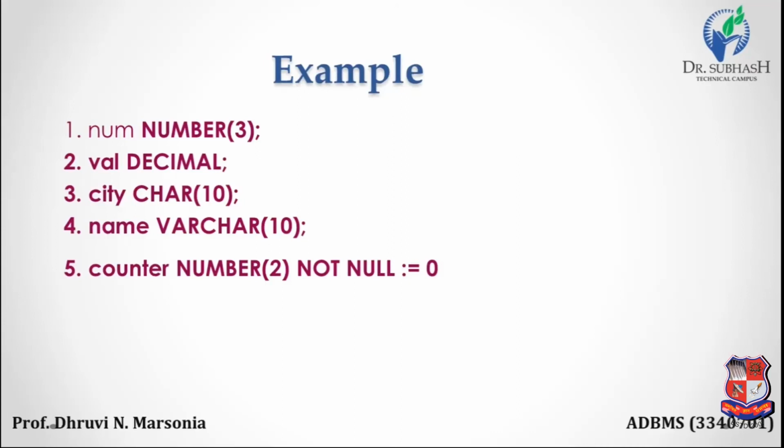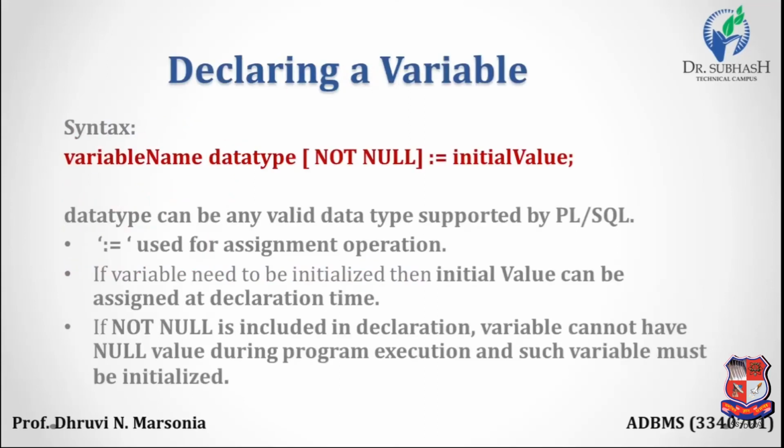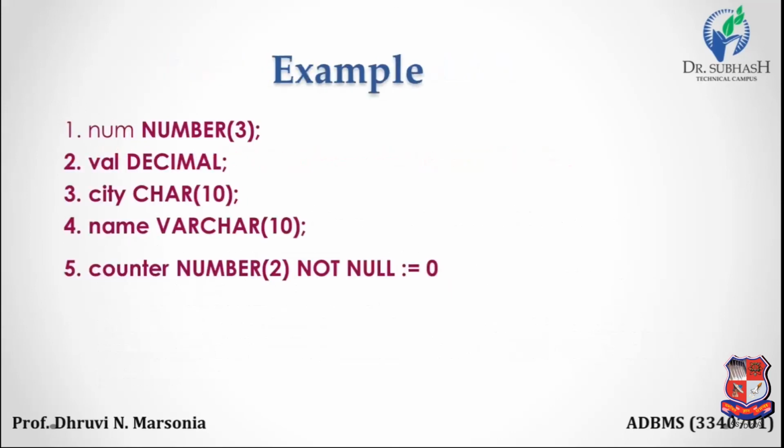In the first example, num is the variable name and number is the data type, in brackets with size, matching the syntax. Second, val: decimal value is the variable name, and decimal is the data type. Third, city is the variable name and char 10 is the data type.